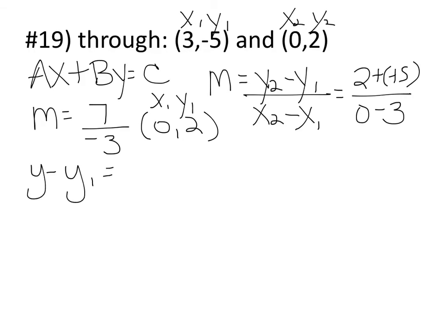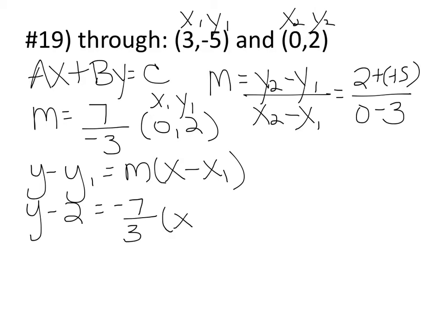Now that you have your point and your slope, you plug into point slope form. So I have y minus 2 is equal to negative 7/3 x minus 0. It doesn't matter where you put the negative, whether you put it in the numerator or denominator. So I have y minus 2 is equal to negative 7/3 x when I distribute.